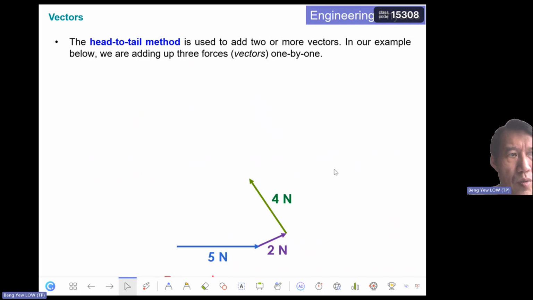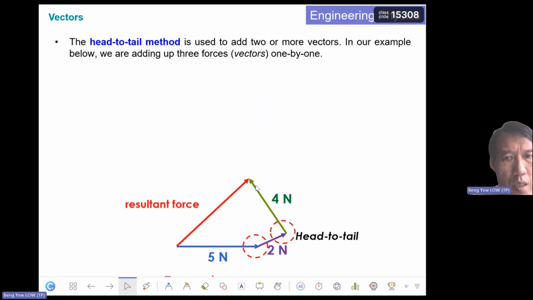If you have more than 3 vectors, just continue the process. The resultant vector is obtained by joining the tail of the first vector to the head of the last vector. And in our example, the last vector is the red colored resultant vector.